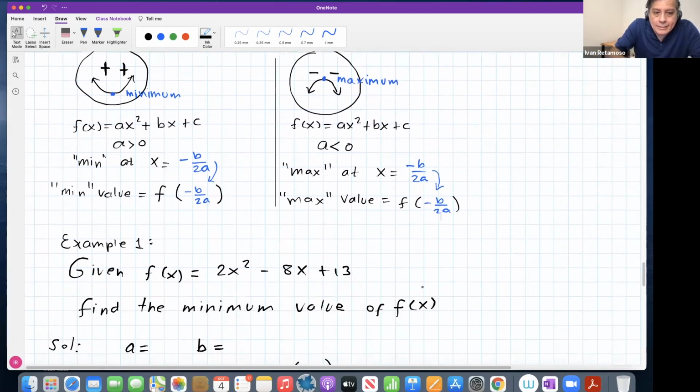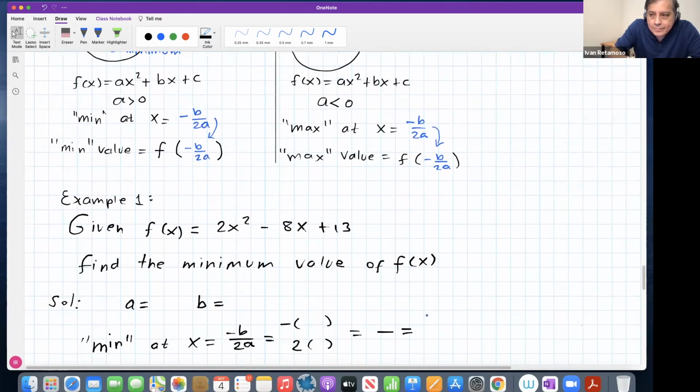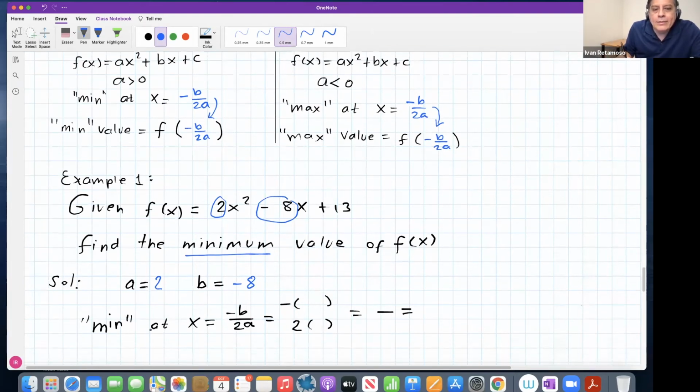Example 1 says, given the function f(x) = x² - 8x + 13, find the minimum value of f(x). All right, so since we're looking for the minimum value, we have to first identify our a with 1, our b with -8. And then use this formula, right? The minimum happens right at the vertex, right?